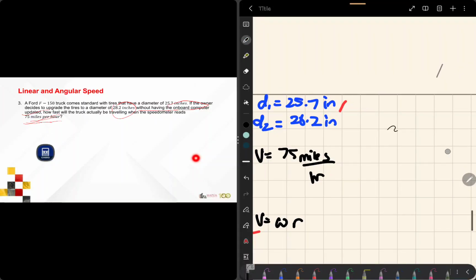The radius is simply half of the diameter. So our R is simply 25.7 over 2. Leave it as is.